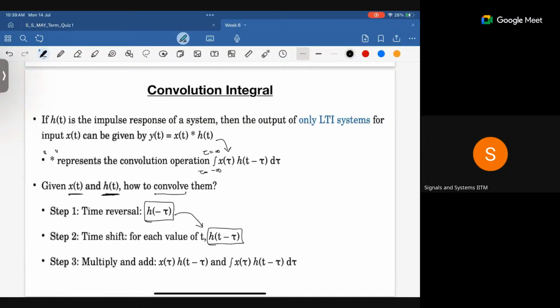Then you multiply this h of t minus tau with x tau, and you get an expression in terms of t and tau. Then you have to do the integral. That's it.